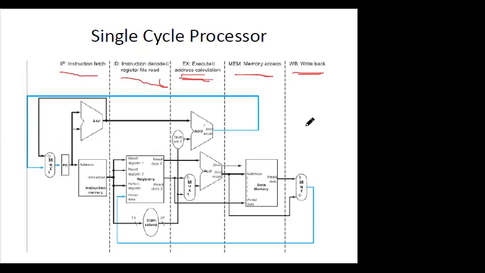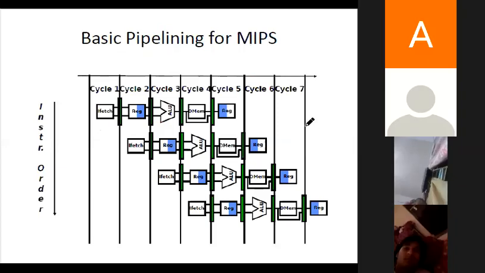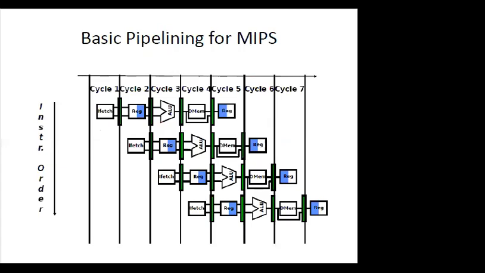This is just a representation of a single cycle processor. As we can see, the basic pipelining for MIPS system. So this MIPS is million instructions per second. It is a RISC-based ISA.